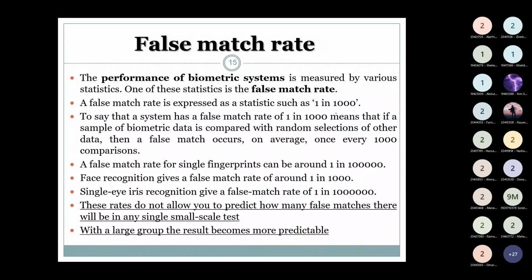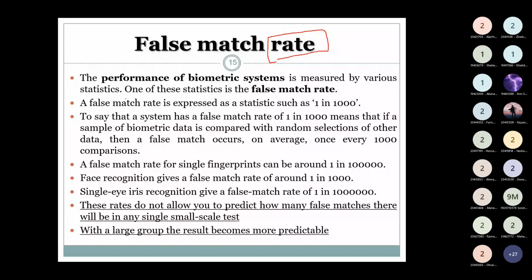So now we will talk about the false match rate. Because we have some reliable methods, we need to measure this reliability, this rate of errors. The performance of biometric systems is measured by various statistics. We know that these biometric systems can have errors.